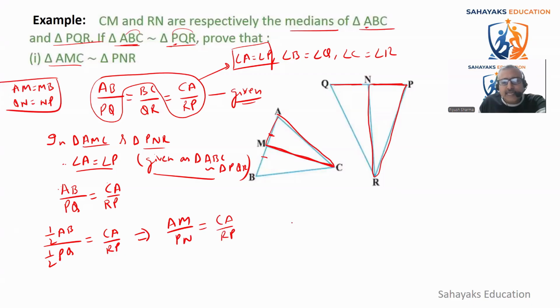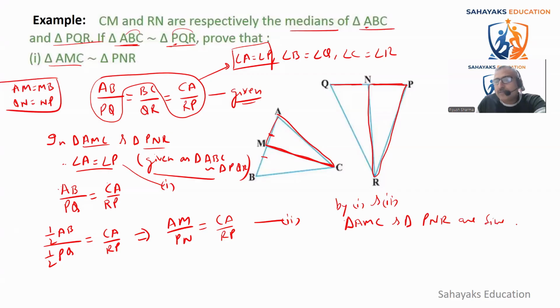Okay, so this is second and this was first. So by first and second, we can say that triangle AMC and triangle PNR are similar. Why are they similar now? By which rule? It is by SAS similarity rule.